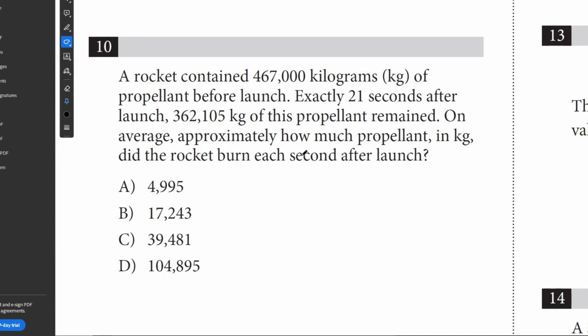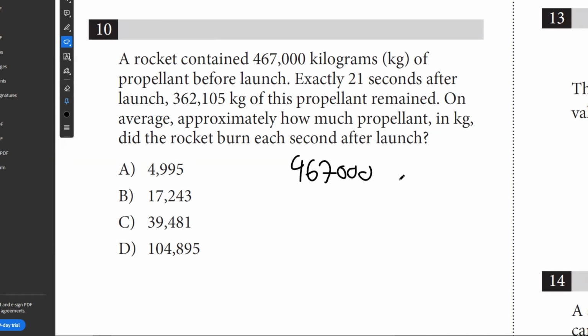So first of all, it has this many kilograms, and exactly 21 seconds later, we ended up with this number. Okay, we had a great decrease. How many kilograms did the rocket burn?